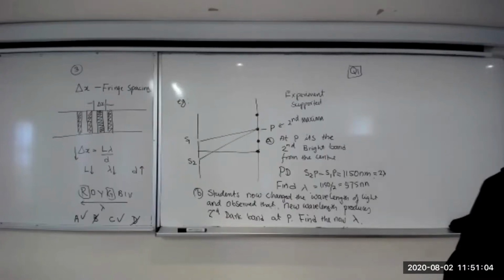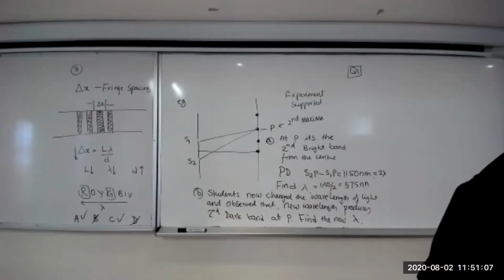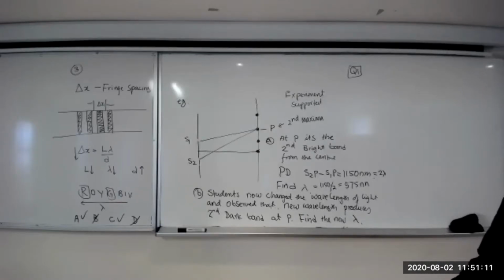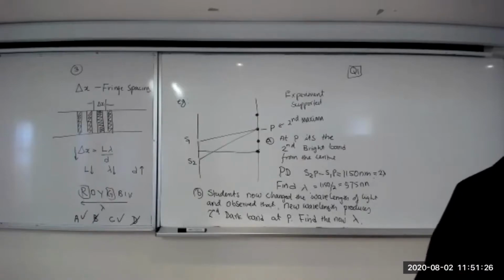I think Akshat's answer is correct. So 1150 is equal to 1.5 lambda, divide by 1.5. Yep, 767. That's correct.